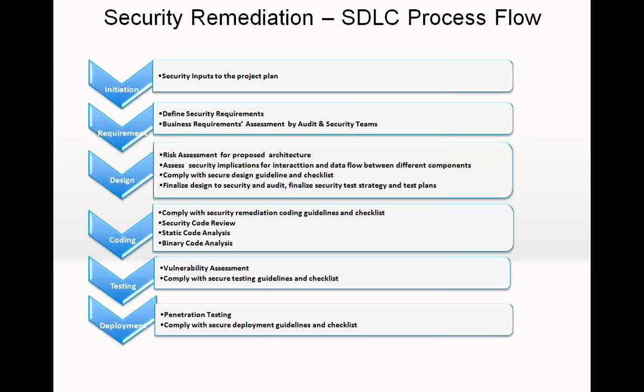We need to look at the security design guidelines and the checklist, which are defined at the program level. We'll finalize the design with security and audit, and finalize the test strategy as well, including the test plans. So the design phase will cover the risk assessment for the proposed architecture, and the implications for the interactions between the different components, including the design guidelines and the checklist.